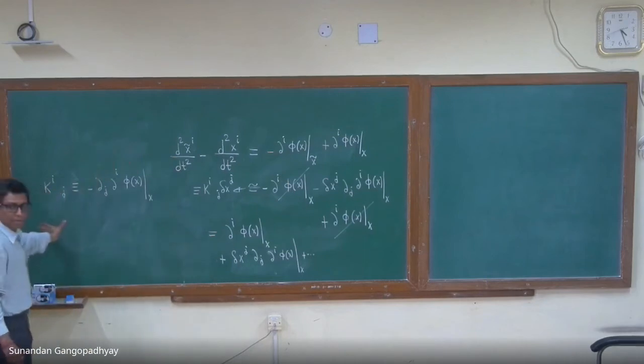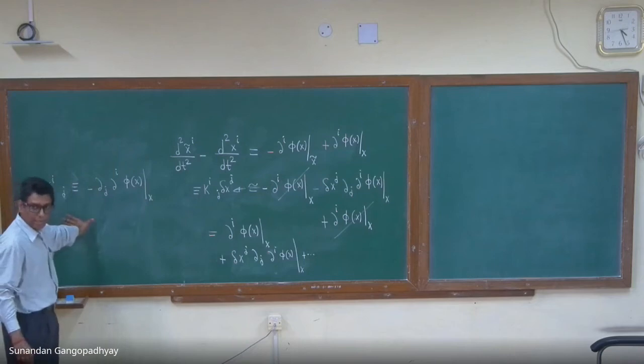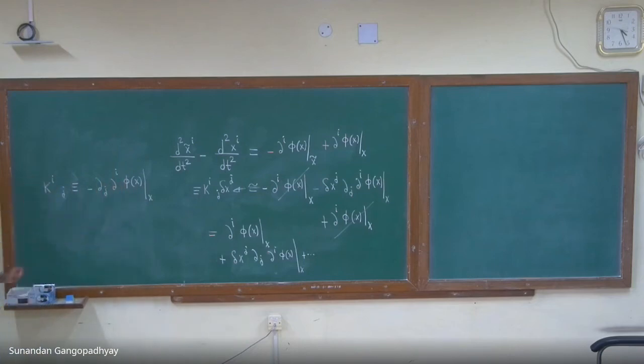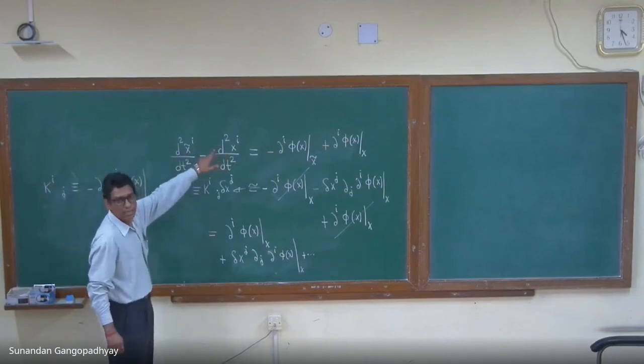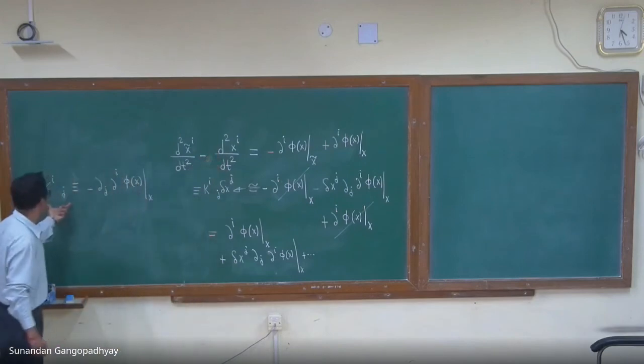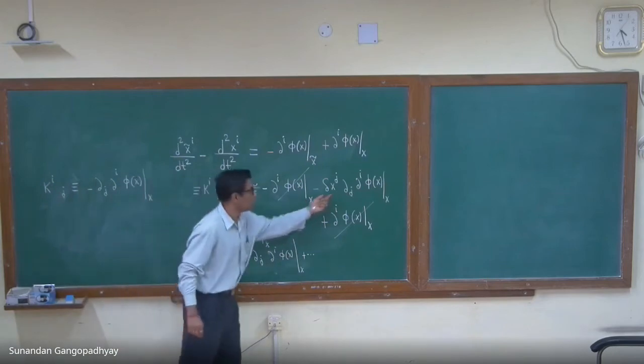Because earlier we had written down d2 delta x i by d tau 2 is equal to R A B C D, then those things, whatever, U B, U C and delta x D. And here also you can see that d2 dt2 of x tilde i minus x i, that is delta x i, is equal to something like Kij times delta x j.